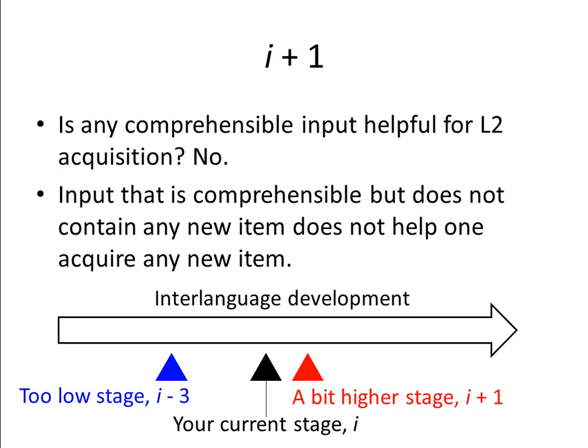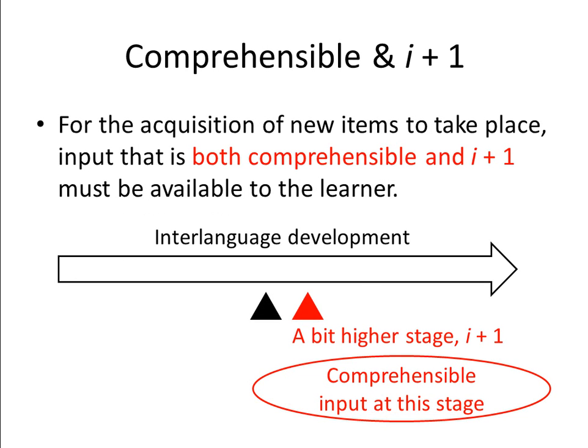So for language acquisition or for second language acquisition to take place, we need input that is comprehensible and also at I plus 1 stage. So for the acquisition of new items in a second language to take place, input that is both comprehensible and I+1 must be available to the learner.